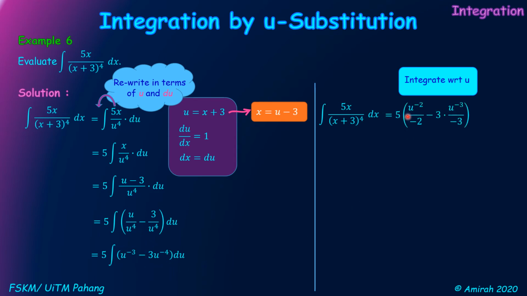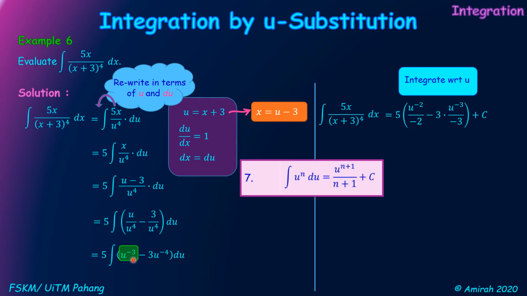So we can integrate with respect to u. How do we get this? From u to the power of -3, after we integrate, we use the power rule. This formula is valid for n not equal to -1.